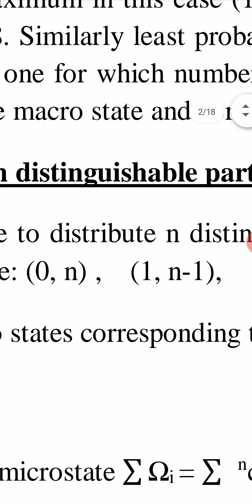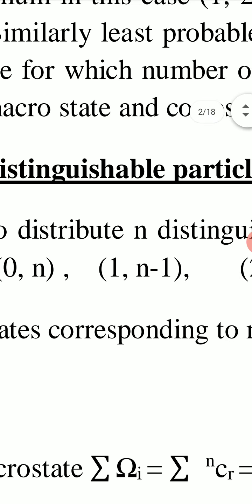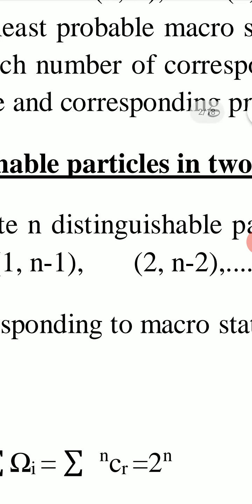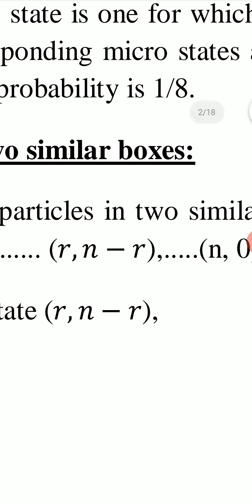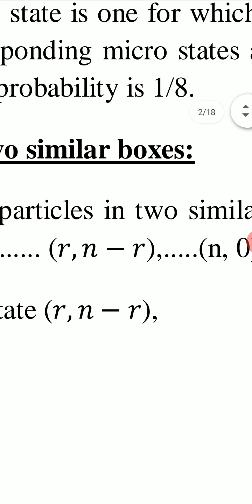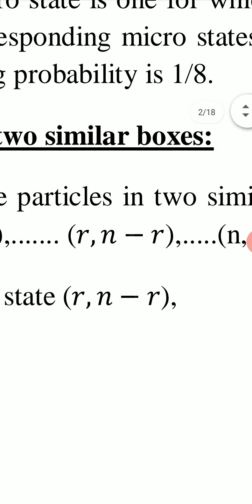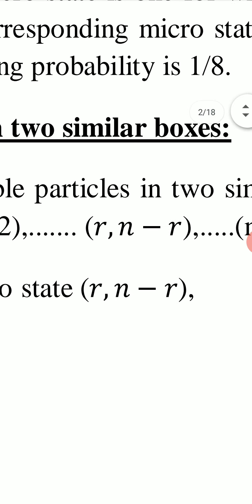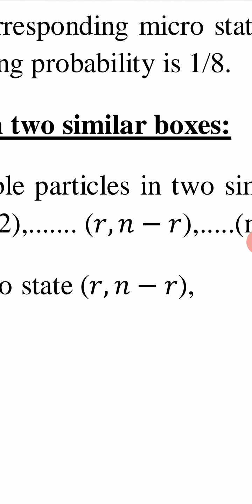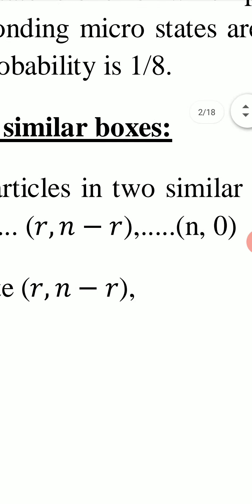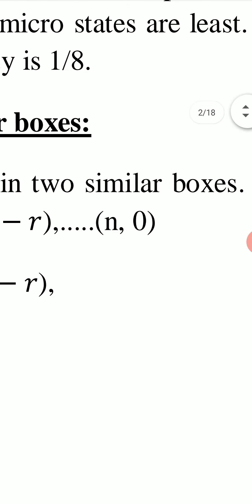The next macrostate is 1 n minus 1, then 2 n minus 2, and in general we have a macrostate r, n minus r. If we have r particles in the first box, then the number of particles in the second box will be n minus r, because the total number of particles is n. And in the last we have n 0.